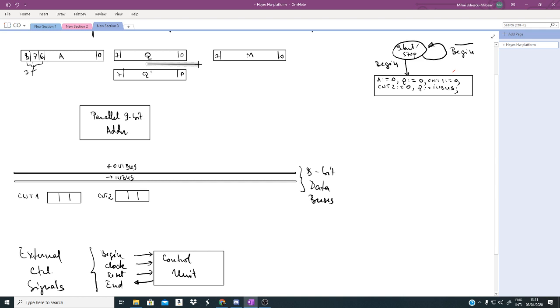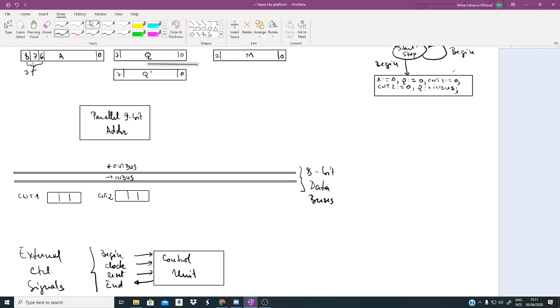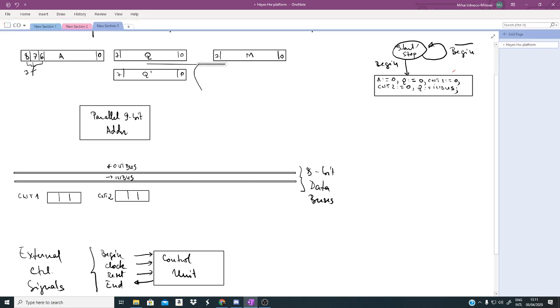Like this. Something like this, on 8 bits.